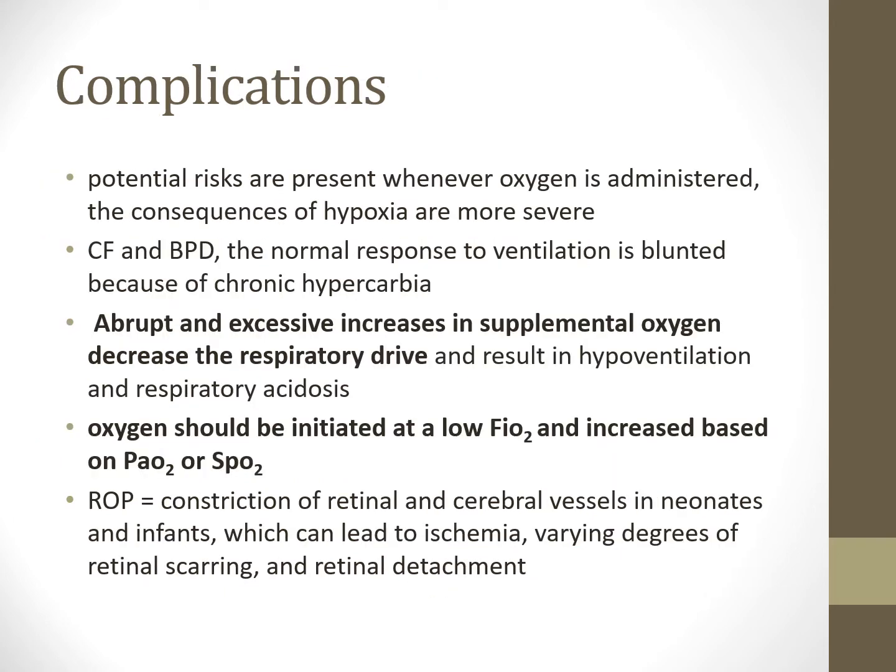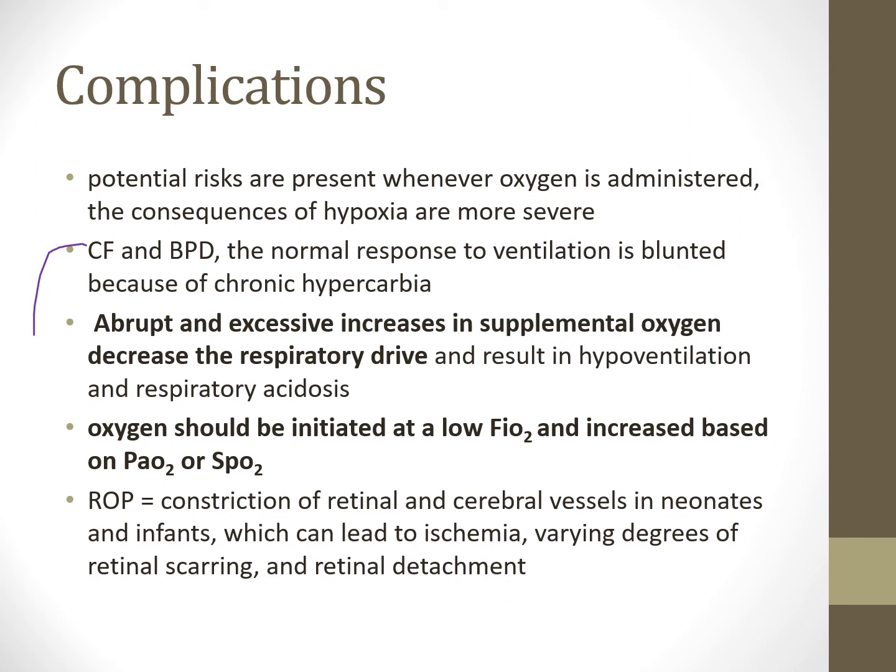So what are some complications when we do give oxygen? Sometimes in the neonate population, this can be pretty severe, as we've already talked about. When we're looking at these babies, the normal response to ventilation is blunted because of chronic hypercarbia. If we see kids that have chronic respiratory diseases, bronchopulmonary dysplasia, cystic fibrosis, their ability to ventilate is going to be poor and they'll have chronic hypercarbia.